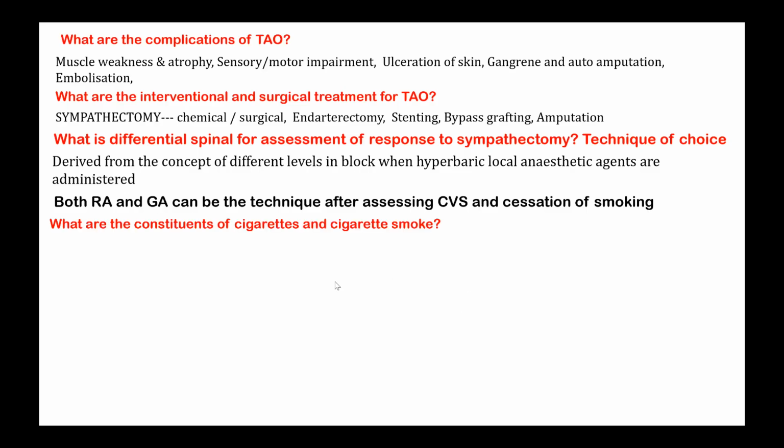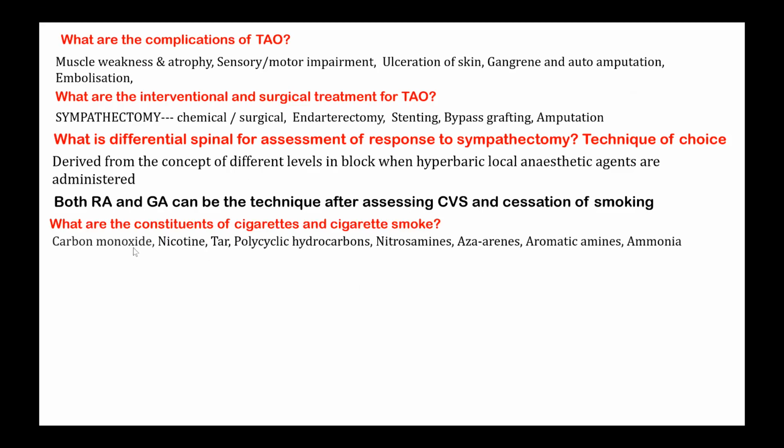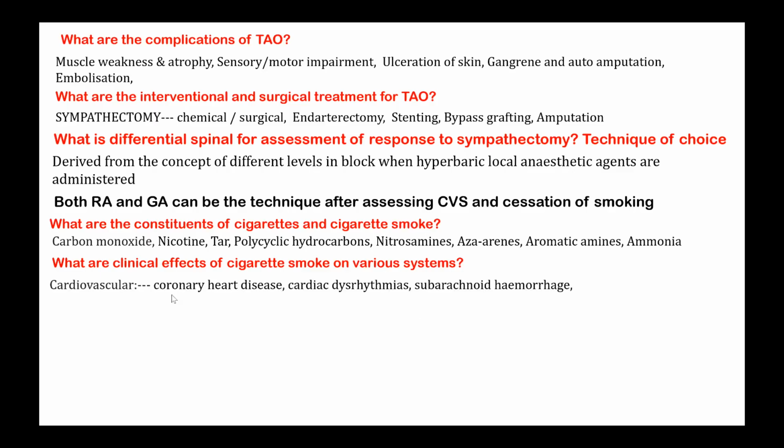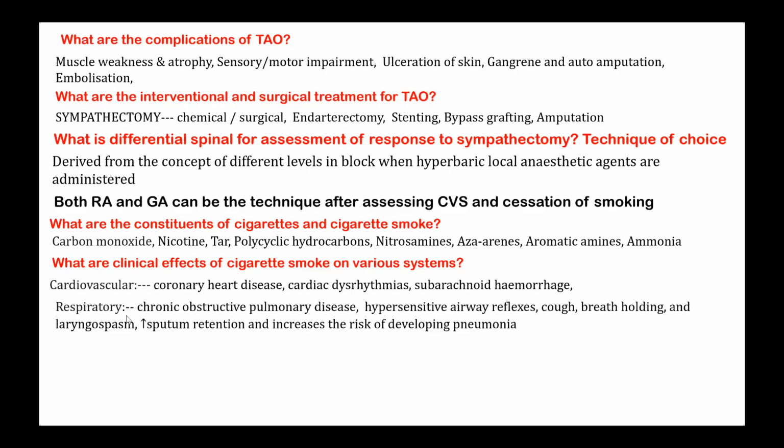And the constituents of cigarette and cigarette smoke: it contains carbon monoxide, nicotine, tar, polycyclic hydrocarbons, nitrosamines, etc. And the clinical effects of cigarette smoking: cardiovascular, it can lead to coronary artery disease, cardiac arrhythmias, or even subarachnoid hemorrhage.